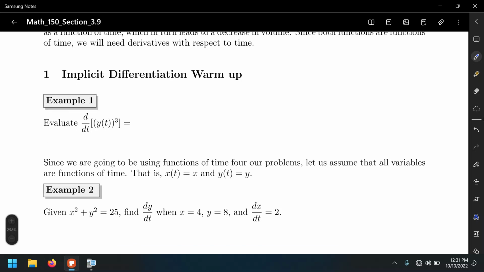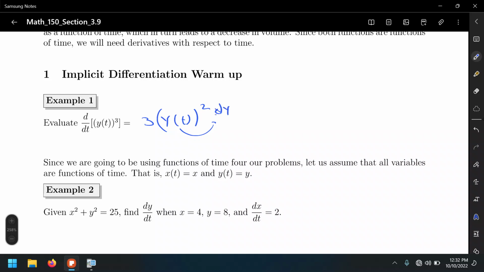Find the derivative of y, which depends on t, cubed. Well, the derivative of y to the third power, isn't it, 3y of t squared? And by mini chain rule, what do we do with this dy? Don't we differentiate it?